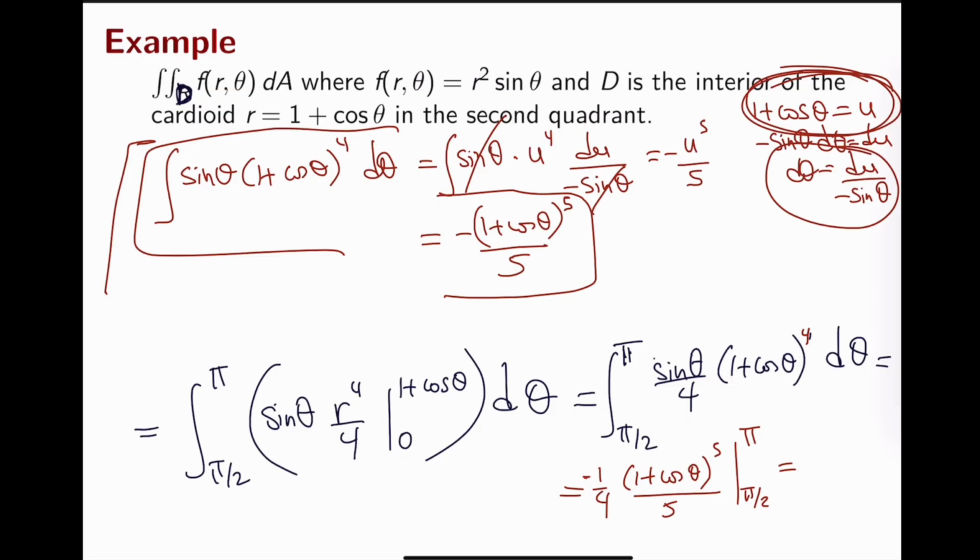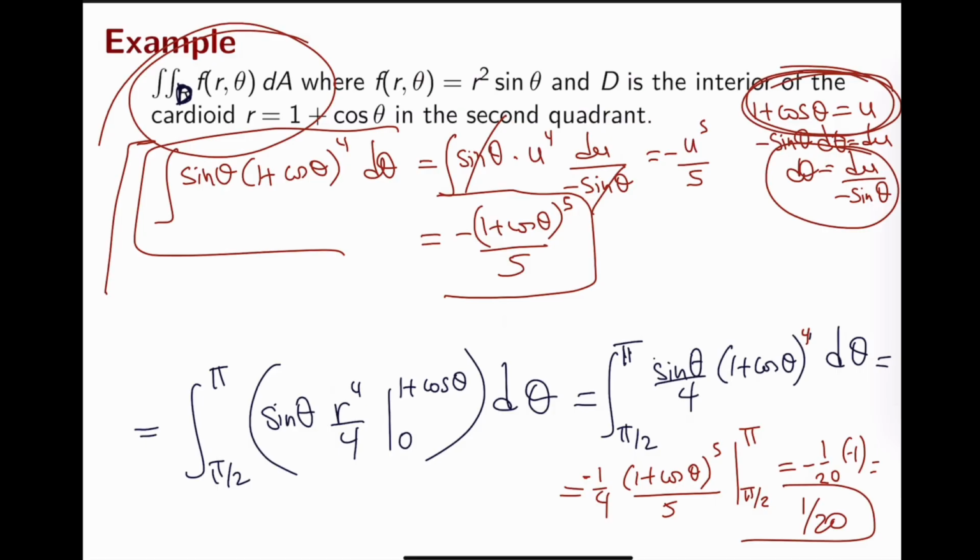And now we evaluate, and this is then minus 1 divided by 20, and so evaluating at pi, we have 1 plus minus 1, so this will be 0, and then evaluated at pi half will be 1 plus 0, just 1. And so the result is then 1 over 20. So that will be then the result of the area that we set up to calculate.